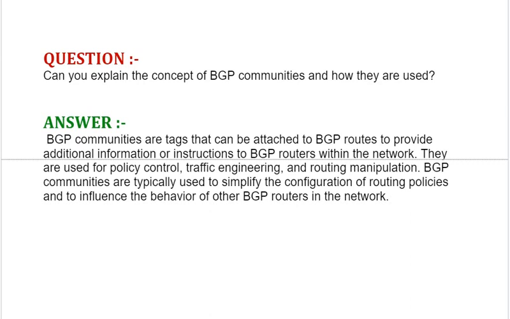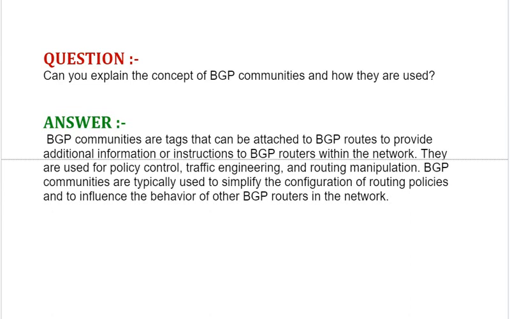Our next interview question is: can you explain the concept of BGP communities and how they are used? Your answer should be: BGP communities are tags that can be attached to BGP routes to provide additional information or instructions to BGP routers within the network.